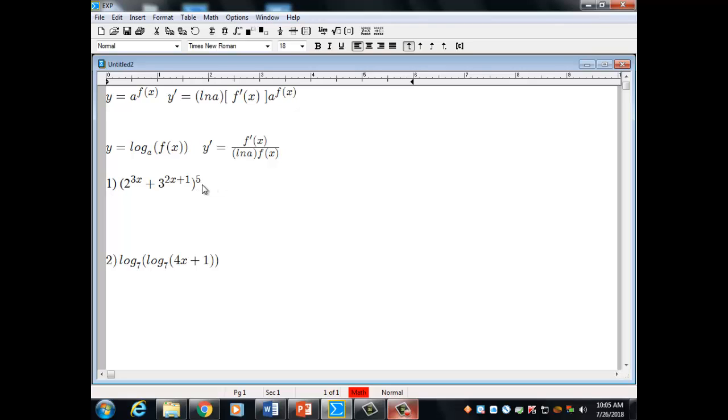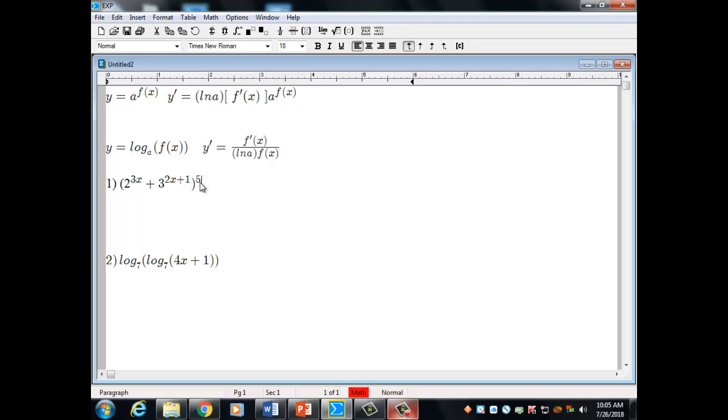Now the thing is here, we're not going to copy and paste this piece yet, because the first function we've got to deal with is the 5. That's going to be straight power rule. The 5 is going to come down, we're going to drop it by 1. Does that make sense?